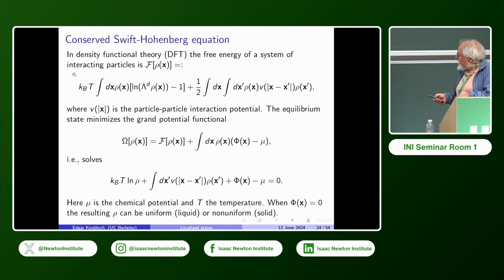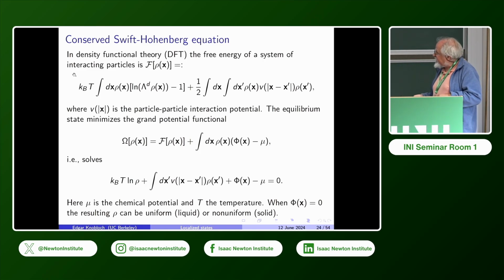And so let me just review a few things in one slide about the density functional theory. This is a theory for the free energy of a system of particles. There is the free gas, which is just rho log rho, the usual entropic contribution.